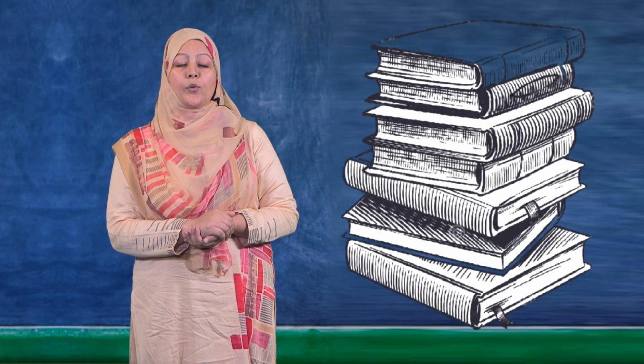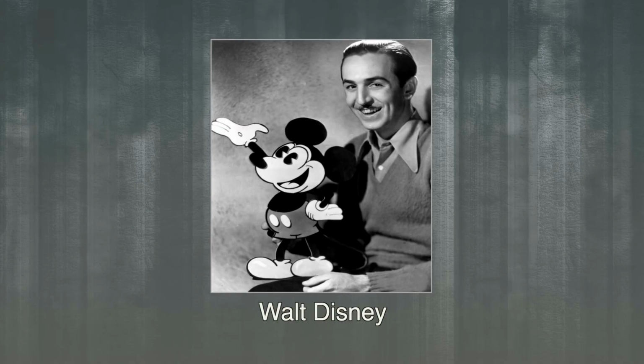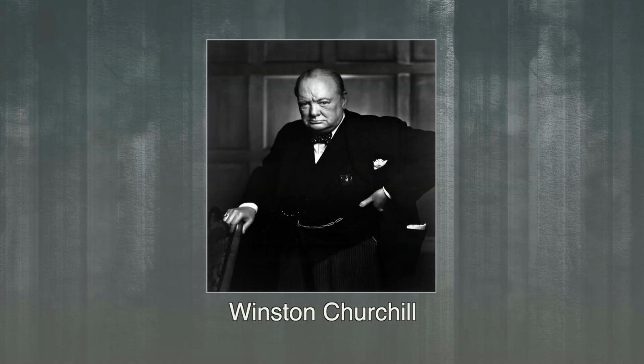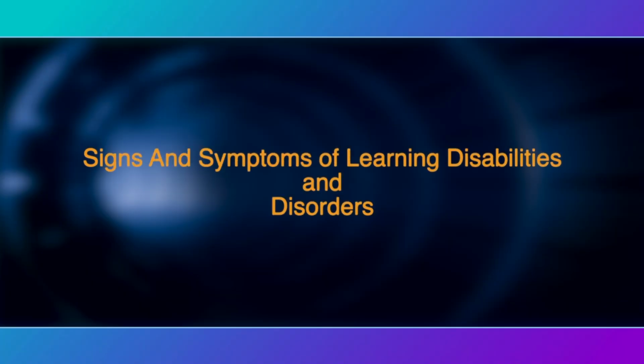It's interesting to note that many successful people such as Walt Disney, Alexander Graham Bell, and Winston Churchill all had learning disabilities. Now let's have a look at the signs and symptoms of learning disabilities and disorders.